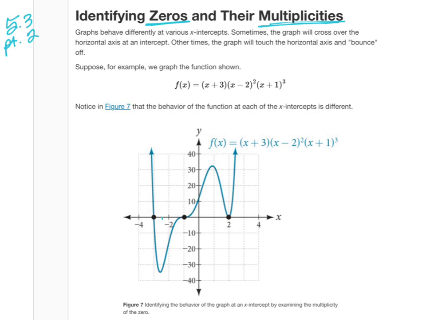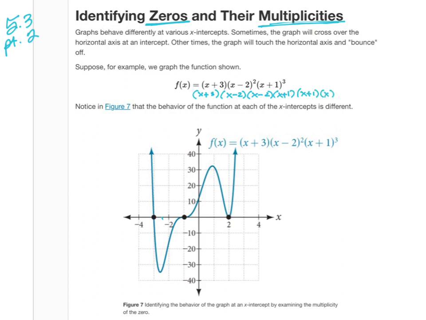What's the degree of this polynomial, just by looking at it? The degree would be the highest x term once you popped them all out. 6, right? Because this is x plus 3. This one is x minus 2 squared, so there's 2 of those. This one is x plus 1 cubed, so how many of those?